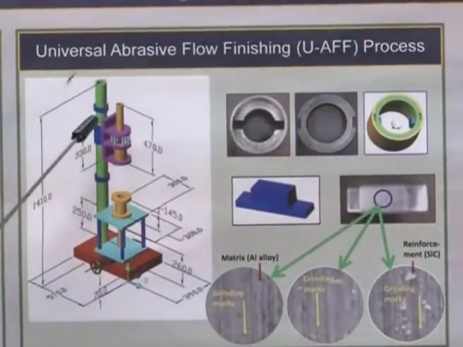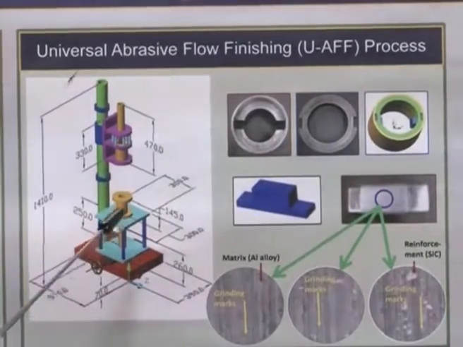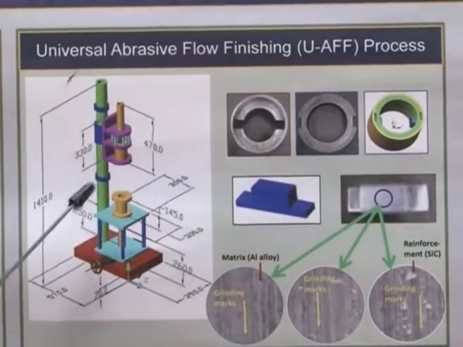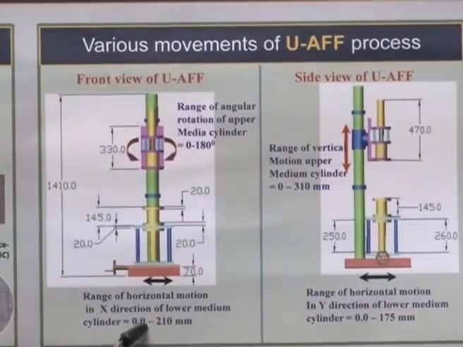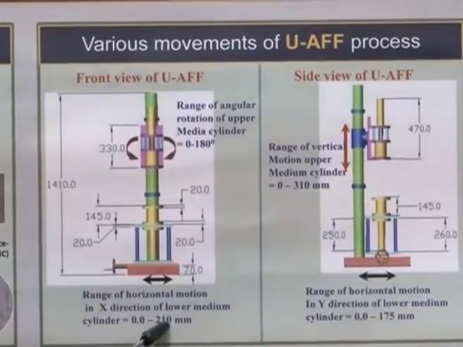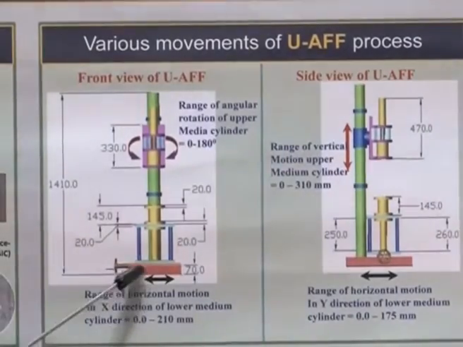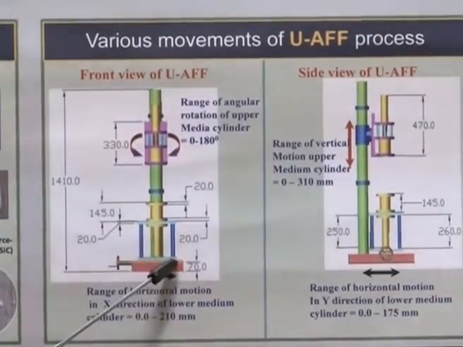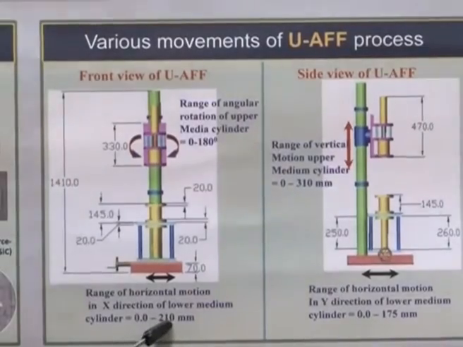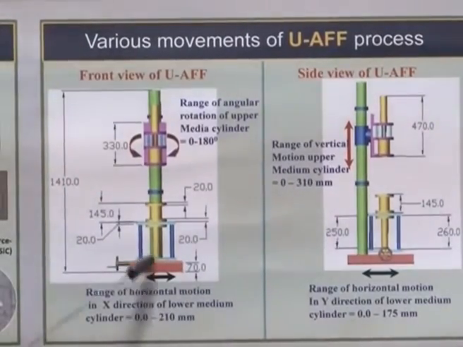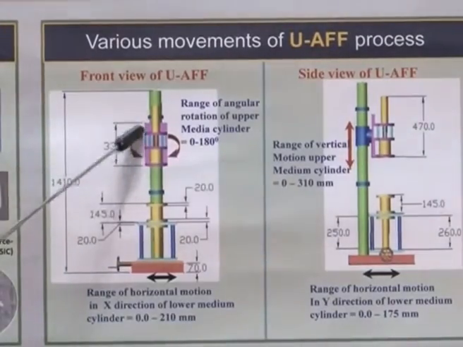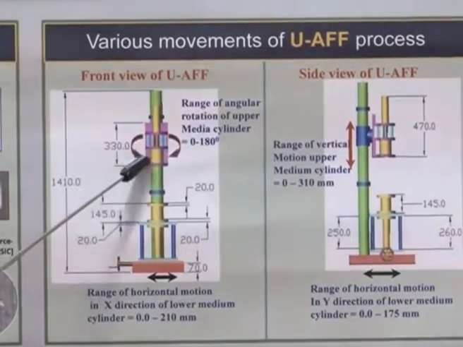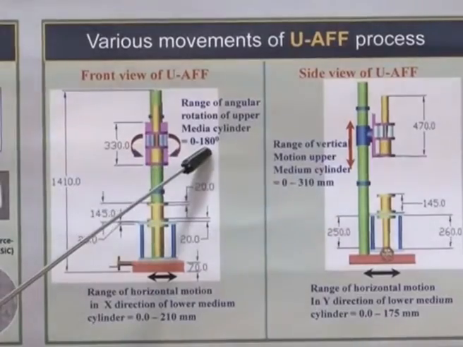This has various motions in the X direction, Y direction and Z direction. Now you can see it has an X direction from 0 to 210 mm. You can move the bottom hydraulic cylinder in the X axis up to 210 millimeters, and you have a rotational motion of the top hydraulic and medium cylinder from 0 to 180 degrees.